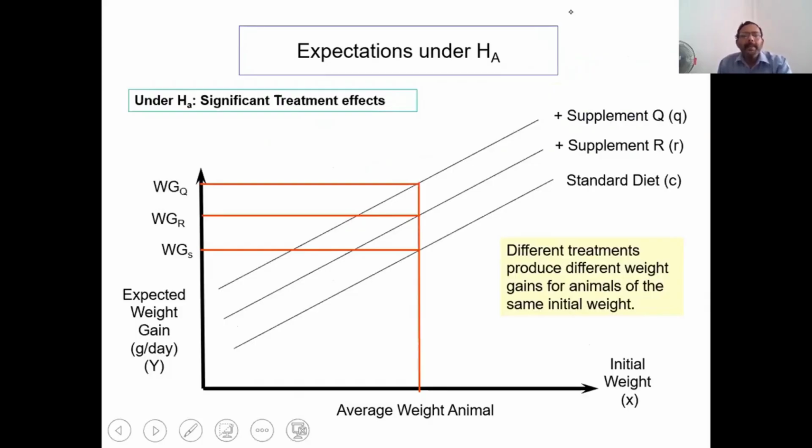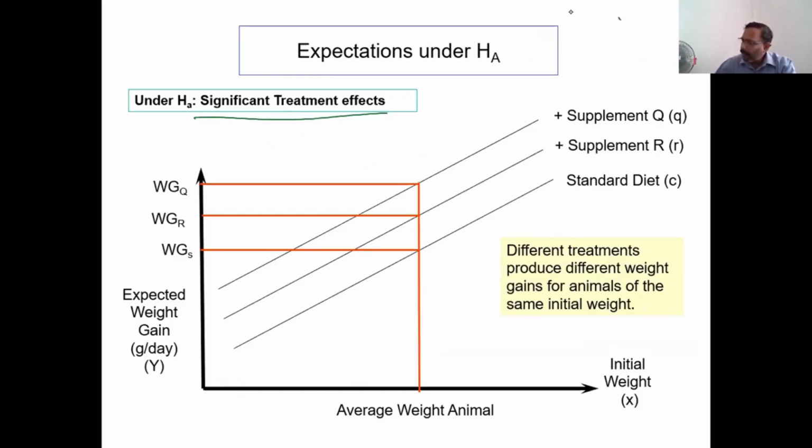But on the other hand, if the animals come in, if you look at the alternative hypothesis, what is the alternative hypothesis? At least one treatment mean is different from the rest. Am I right? At least one treatment mean is different from the rest.